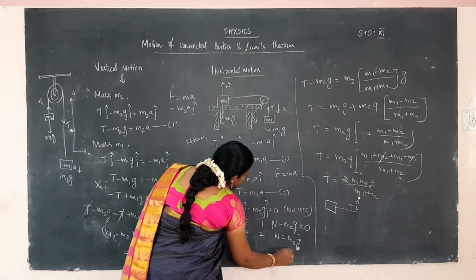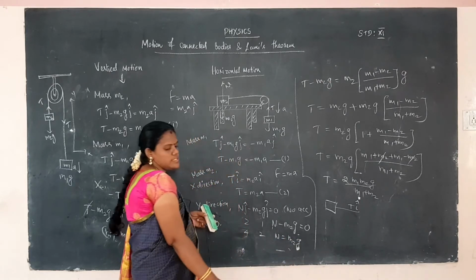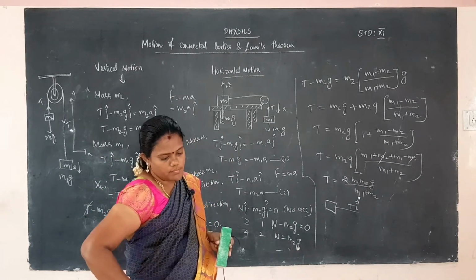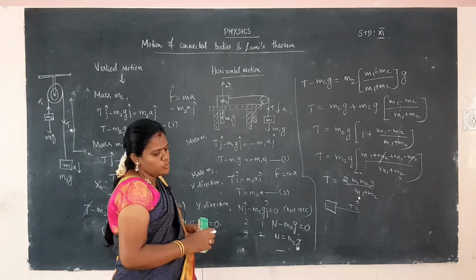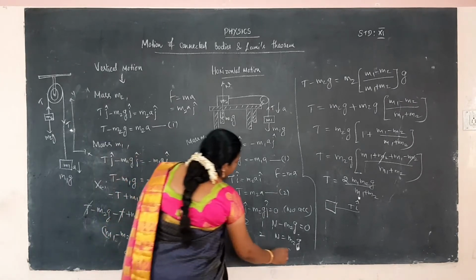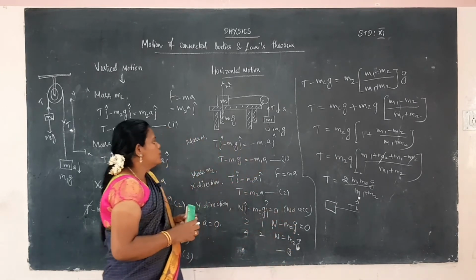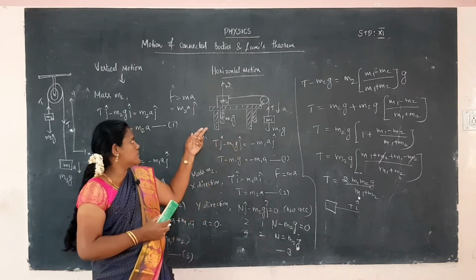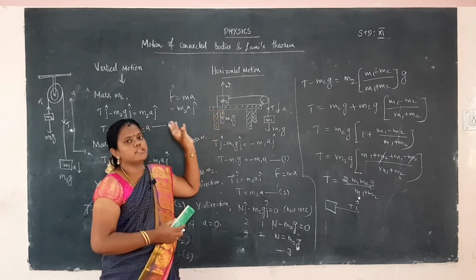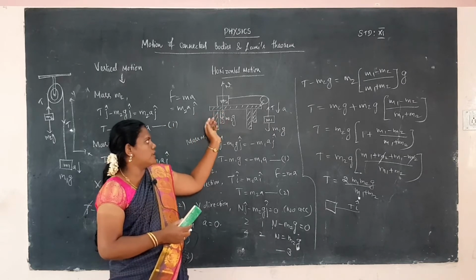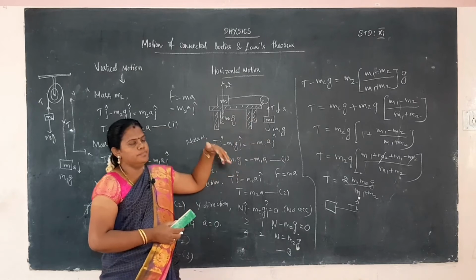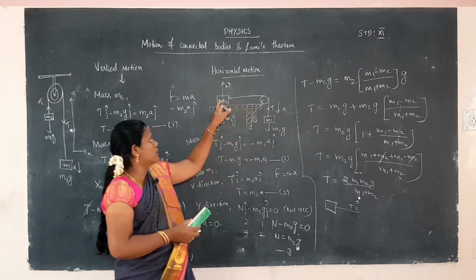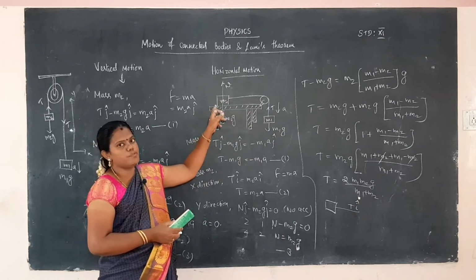This is the third equation. Now, this experiment has two masses: one is at rest on the table, and the other is hanging on the pulley, connected with the mass m2.